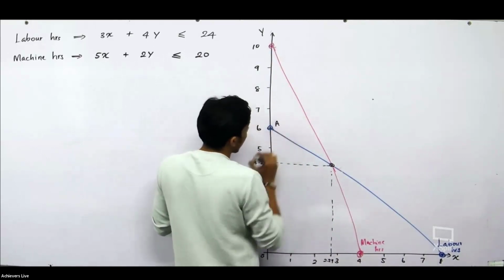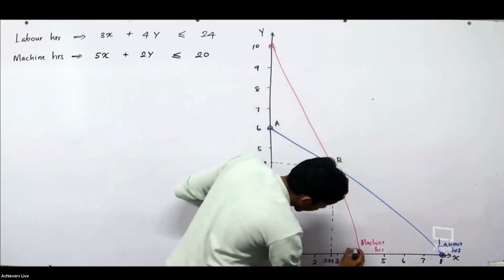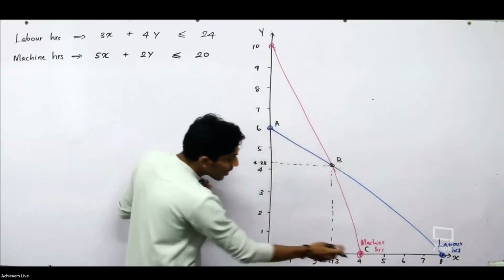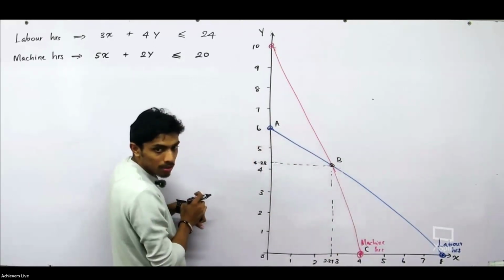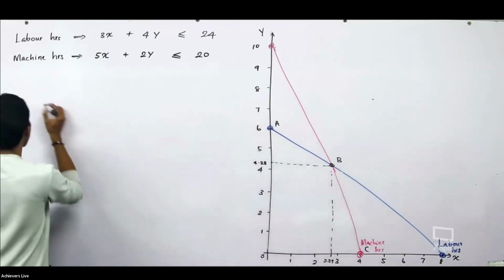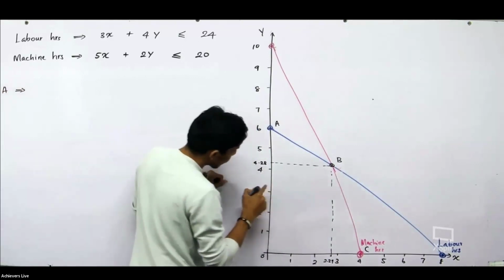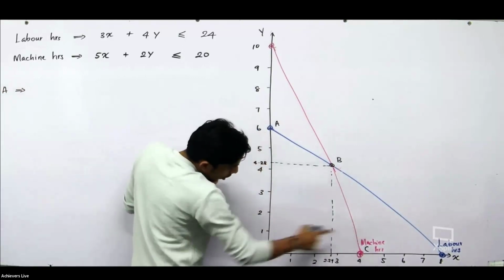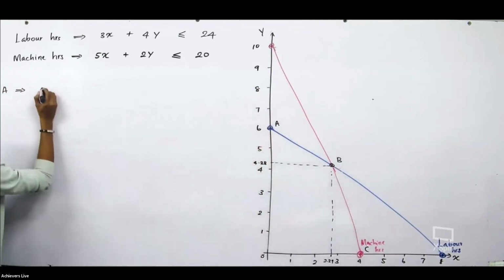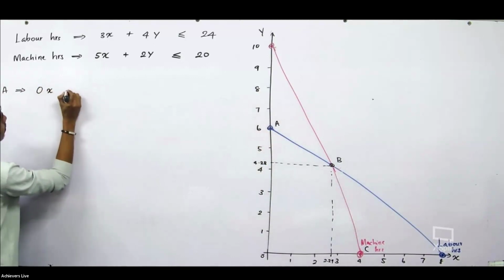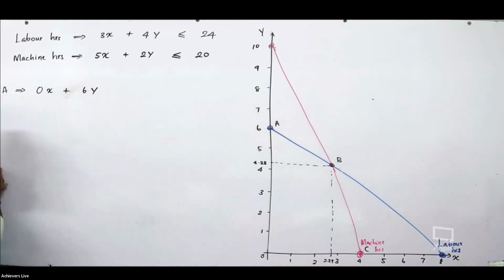This point I mark as A. This point I mark as B. This point I mark as C. These are the feasible points. So these 3 are the options which we have in order to do the production. Clear? So point A, what's the point A? 0 units of X and 6 units of Y. 0X plus 6Y.